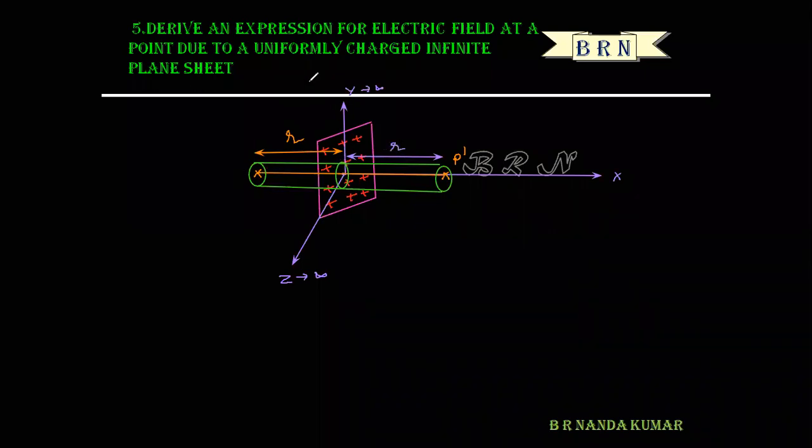So this is the point P, and this is P dash, right?